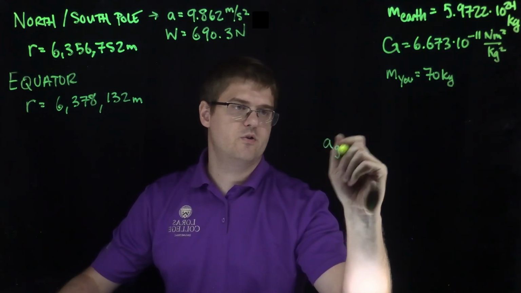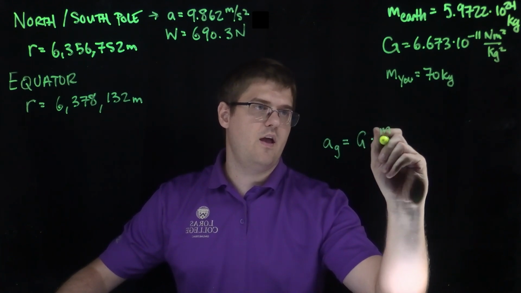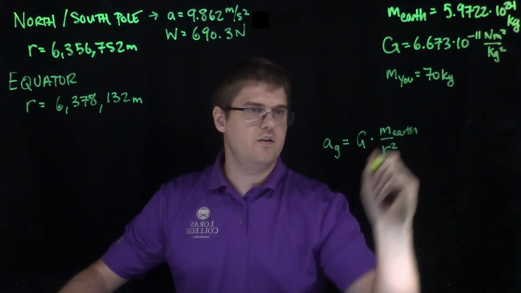Now, acceleration due to gravity is going to be capital G times m over r squared. This is mass Earth in this case.